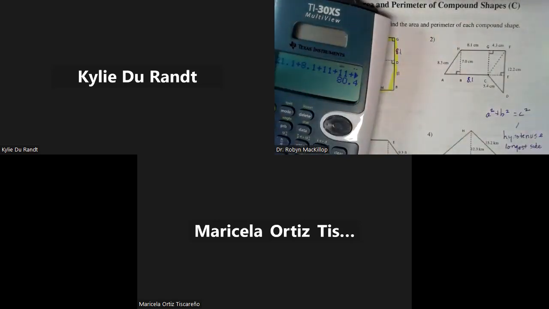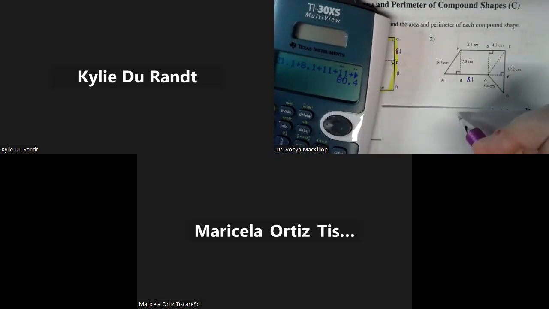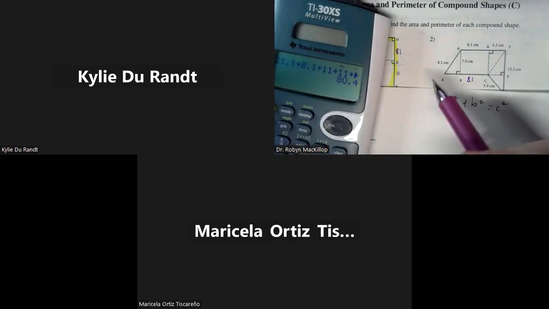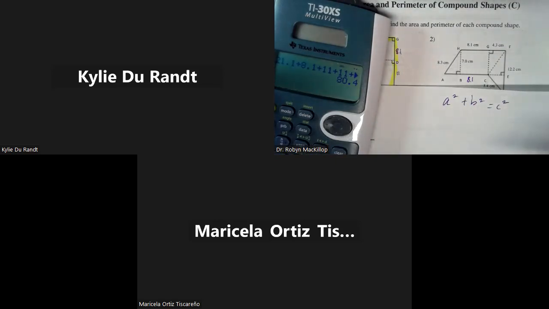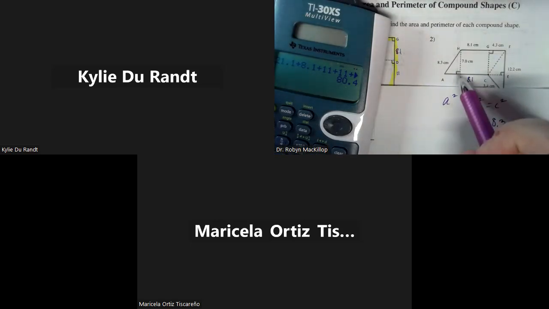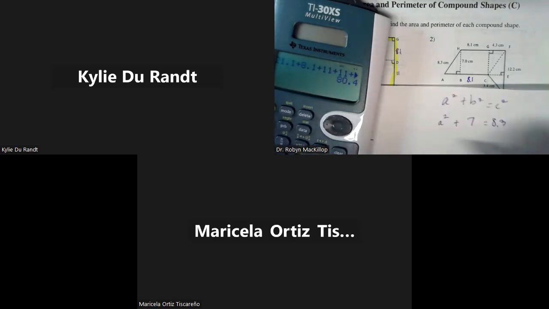There we go. So a squared plus b squared equals c squared. C squared is 8.3. That's the longest side of a triangle. And then they gave us the second side. They gave us the 7. It doesn't really matter whether it's A or B. The only one you need to know is C. So this is going to stay a squared.